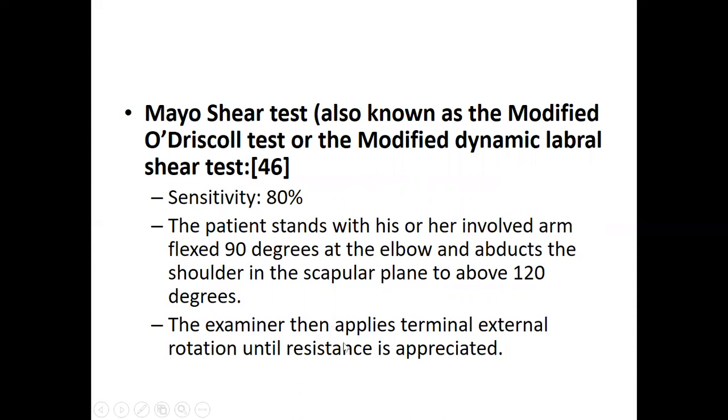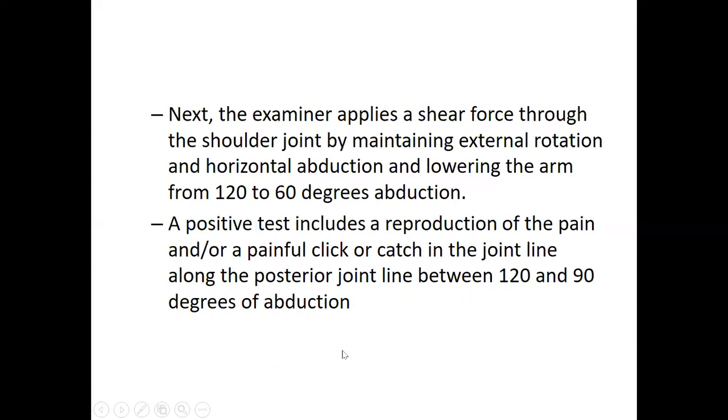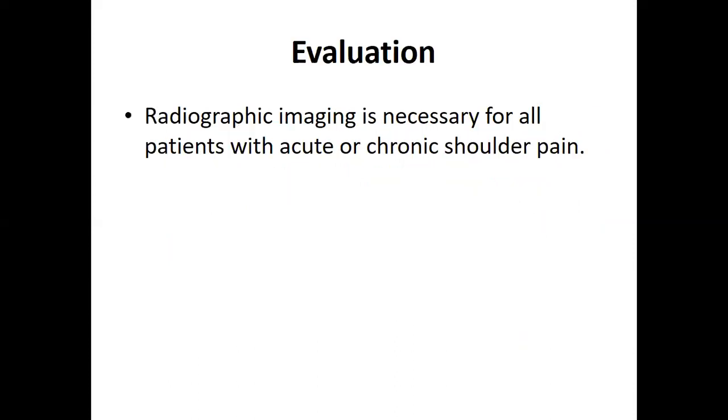The examiner then applies terminal external rotation until resistance is appreciated. Next, the examiner applies a shear force through the shoulder joint by maintaining external rotation and horizontal abduction, and lowering the arm from 120 to 60 degrees of abduction. A positive test includes reproduction of pain or a click or catch in the joint line along the posterior joint line between 120 to 90 degrees of abduction.